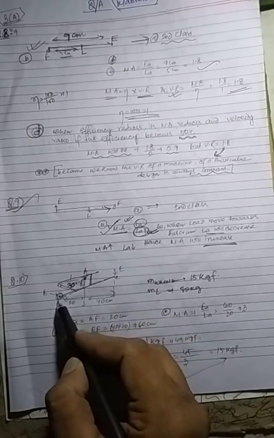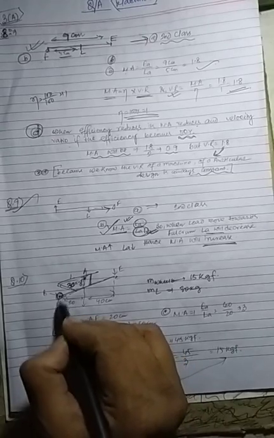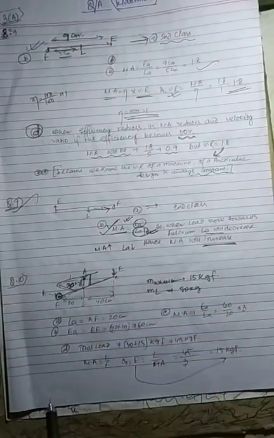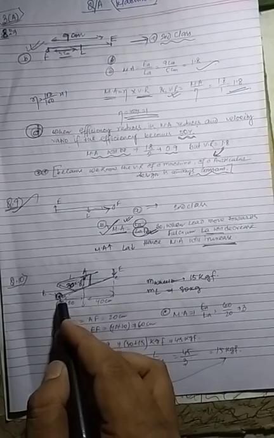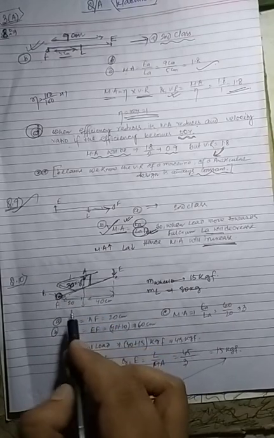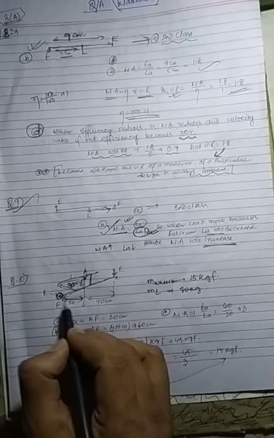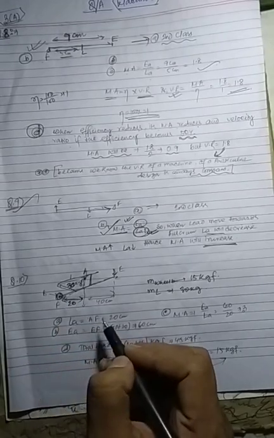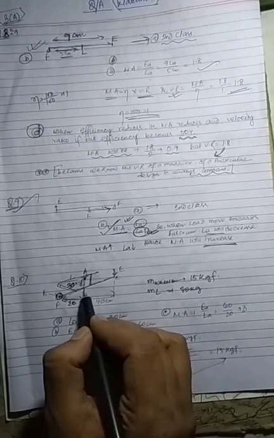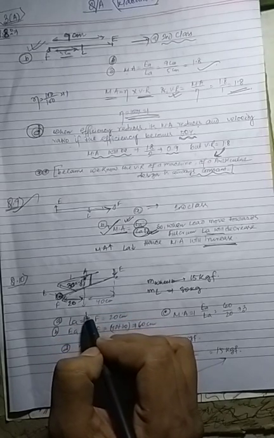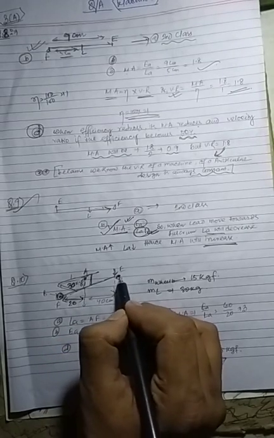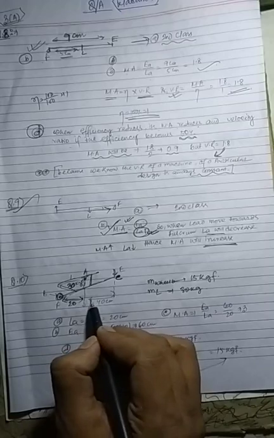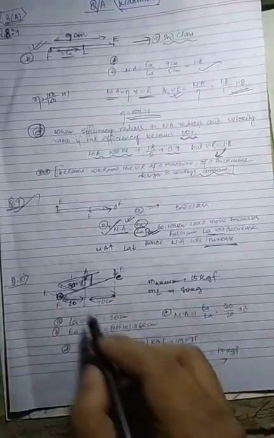Here it is A, the middle of the wheel is B, and here effort is given at C. The value of AB is given as 20, the horizontal distance, and AC is 40. If you draw it, I think you understand, that is 40.